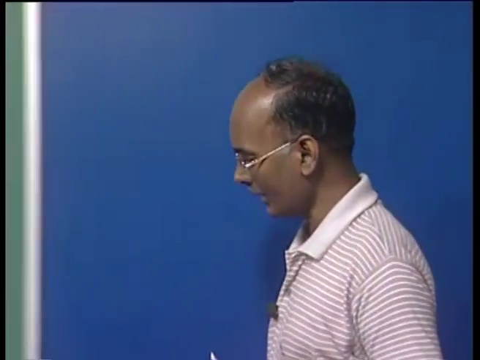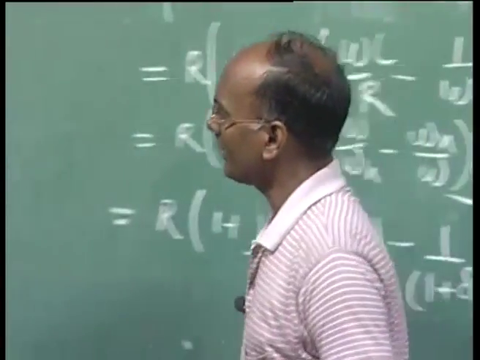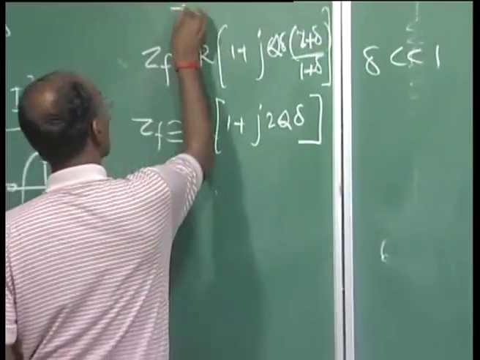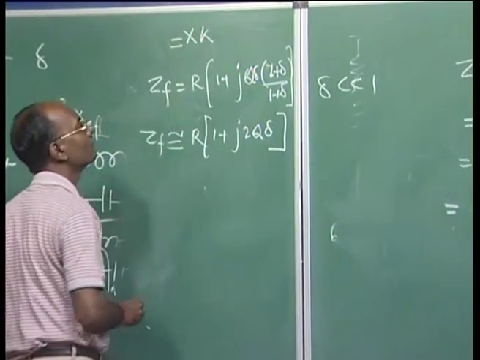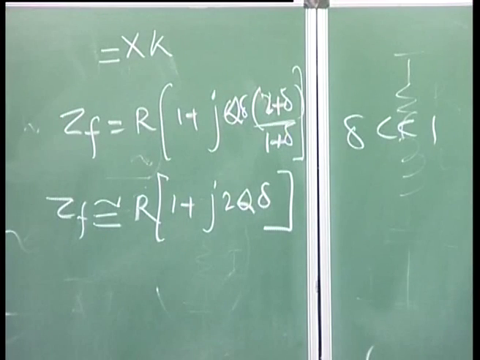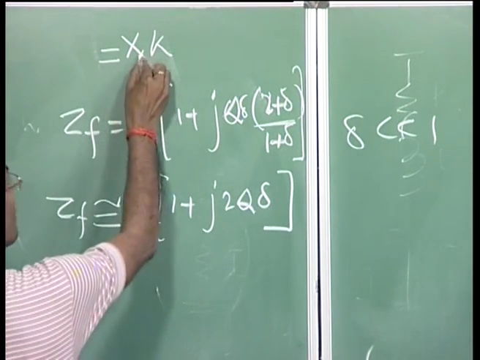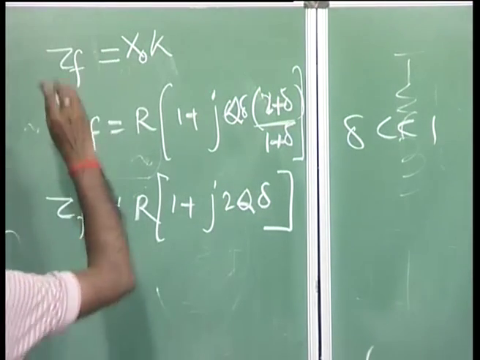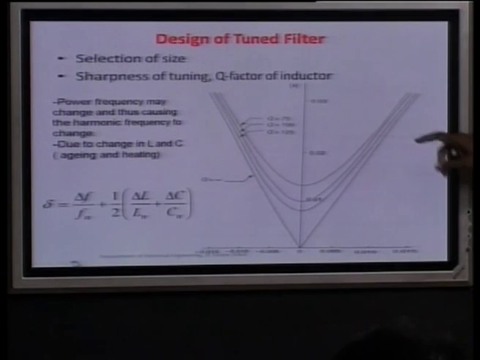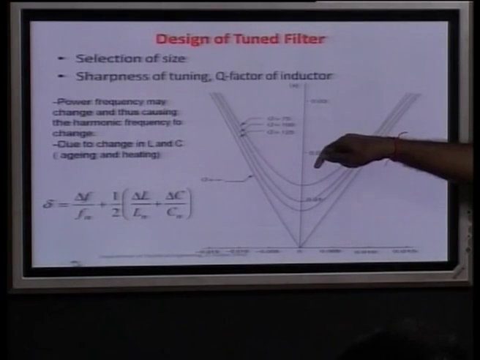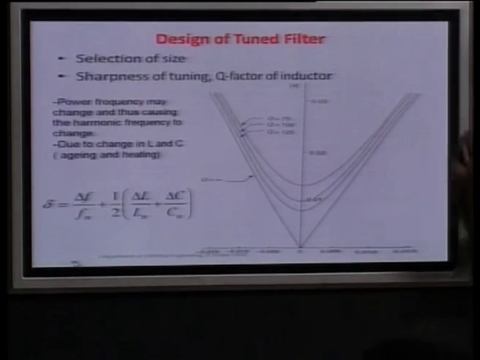Now if I can write this value as x into k term, I want to write here this value ZF in this form. So what will be the value of k? Because the figure which I am showing here is in terms of k and here in terms of delta.